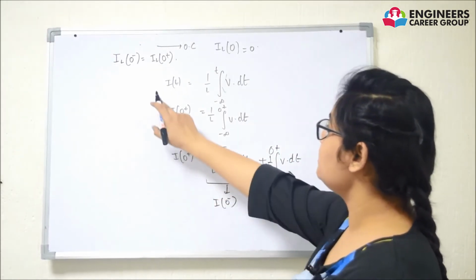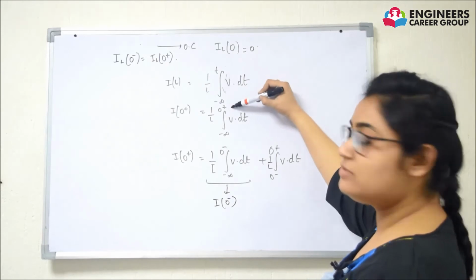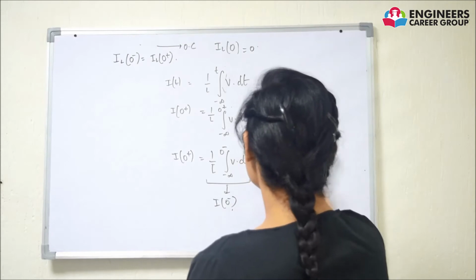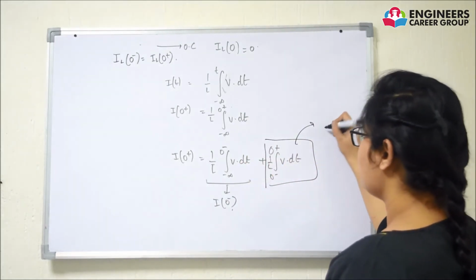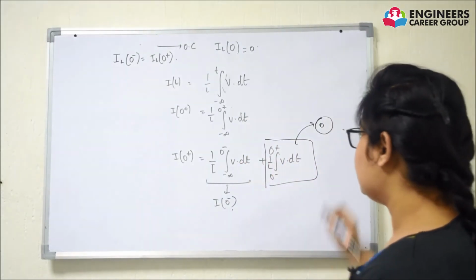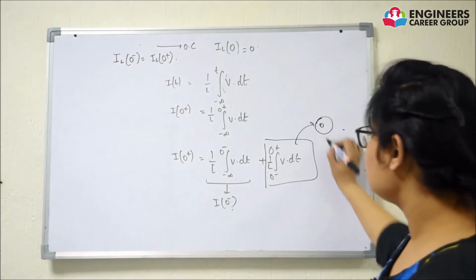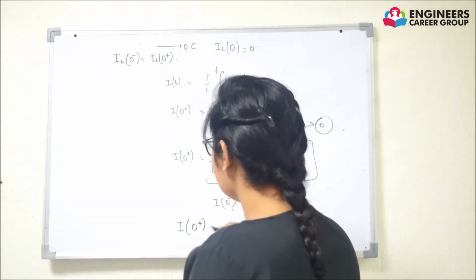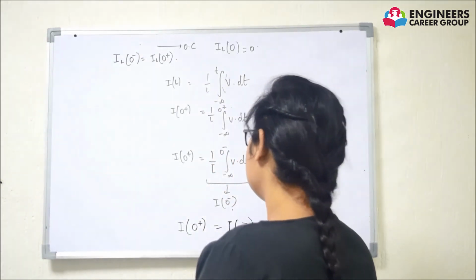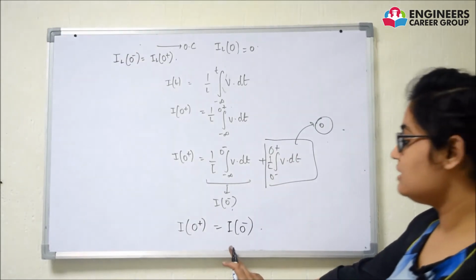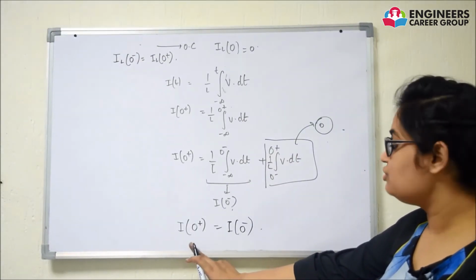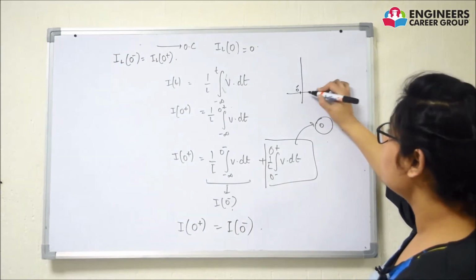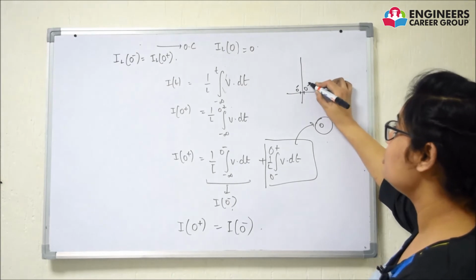Why? Because we were writing for 0 positive, we have substituted t with 0 positive. Now for 0 negative, we can write it as 0 negative. And this quantity is 0 for all practical applications of circuits. Like for any practical DC source, this quantity will be equal to 0. Therefore, we can see that I of 0 positive is equal to I of 0 negative in case of an inductor. Therefore, we can say that the current in an inductor does not change instantaneously. That is, whatever the current is at 0 negative, the same value will be retained at 0 positive.